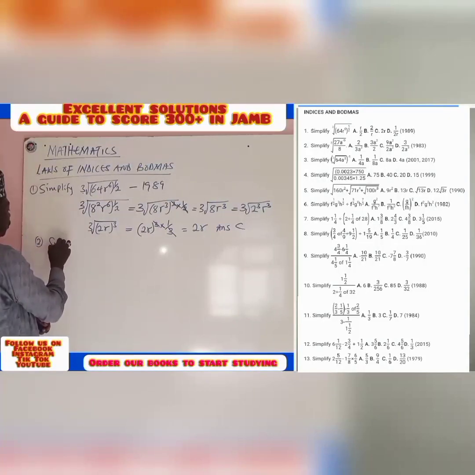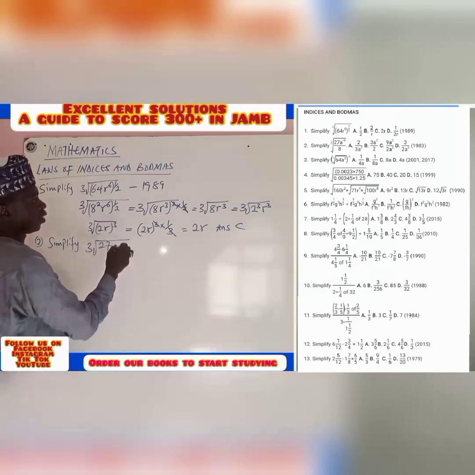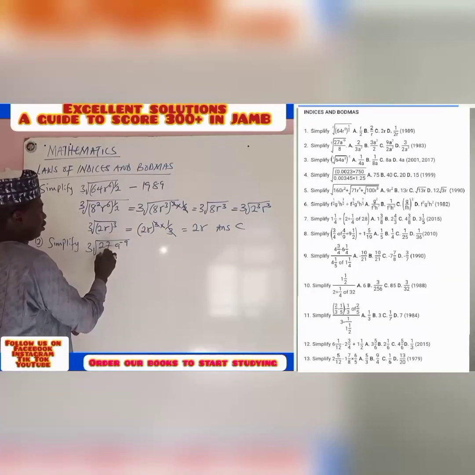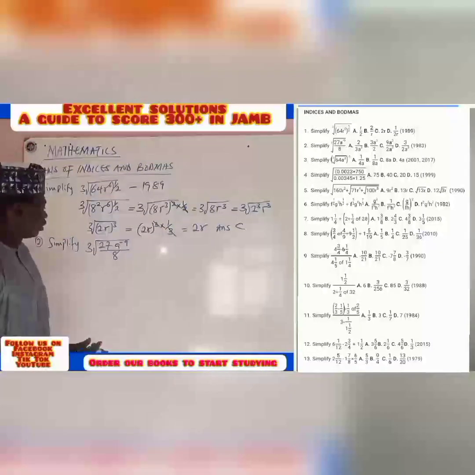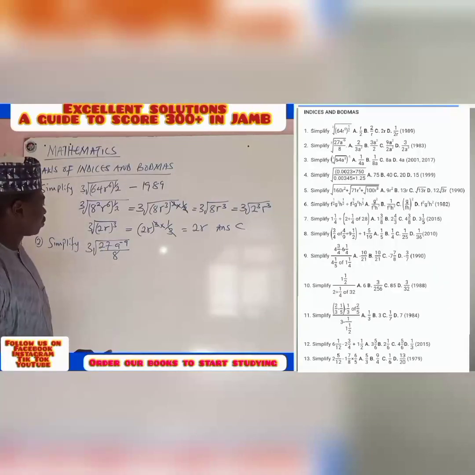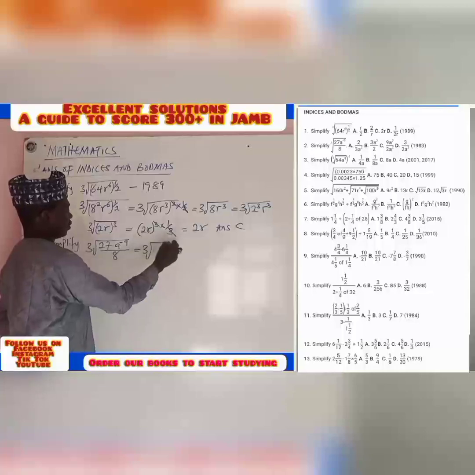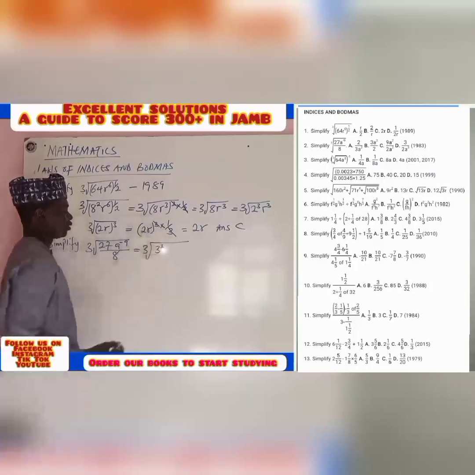Question 2 says, simplify the cube root of 27 a power minus 9 all upon 8. One thing that we need to do here, we look at this 27. The cube root of this 27 is the same as 3 power 3.